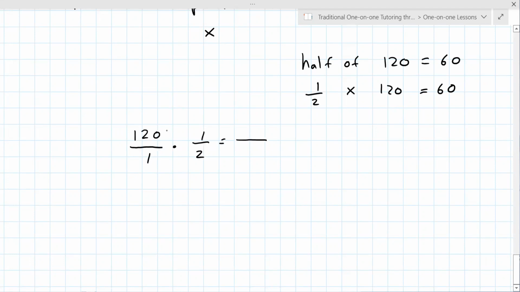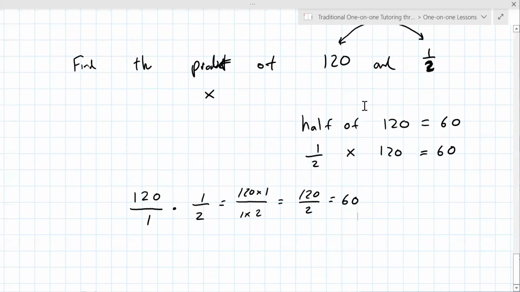You multiply the numerators, 120 times 1, and the denominators, 1 times 2, and you get 120 over 2, which is 60. Another thing, you could just divide 120 by 2. Yes, but you have to be careful here, it says product. So maybe your instructor will cover that soon.